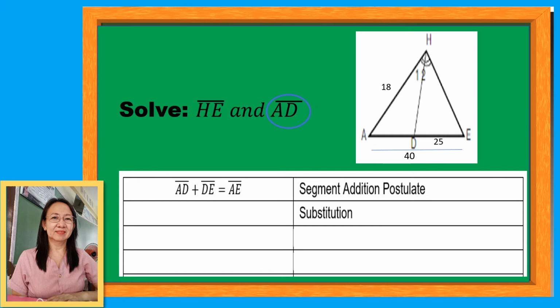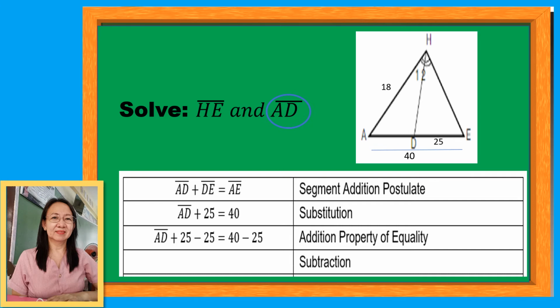Then by substitution, we have AD as the unknown plus the length of DE, which is 25, is equal to the length of AE, which is 40. And of course, by addition property of equality, by adding both sides by negative 25, we will arrive at AD is equal to 15 units.